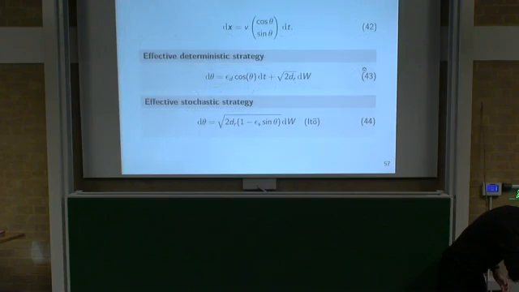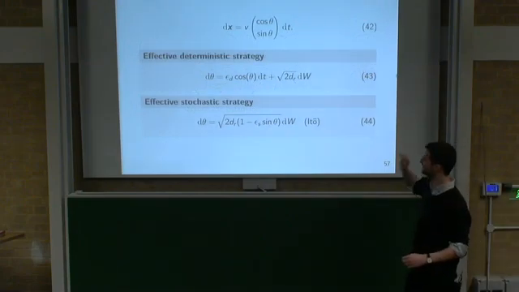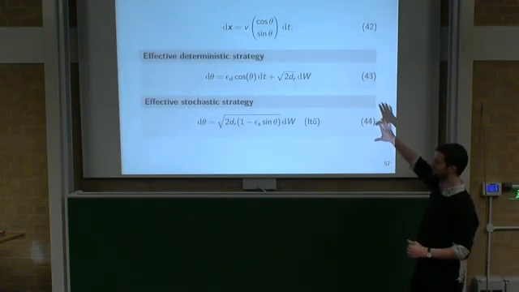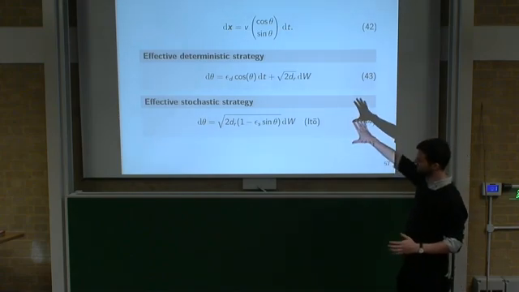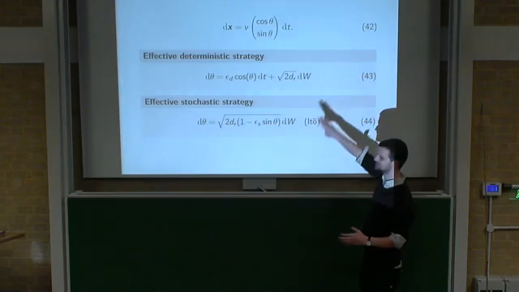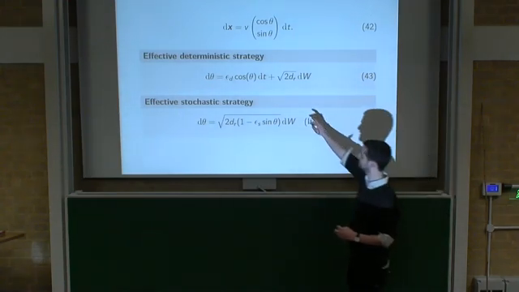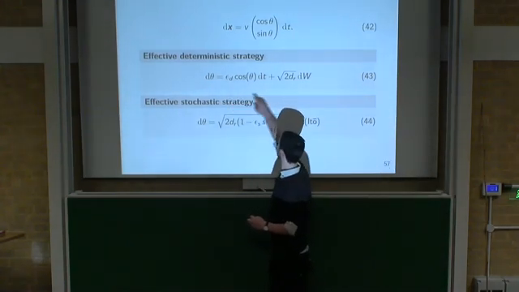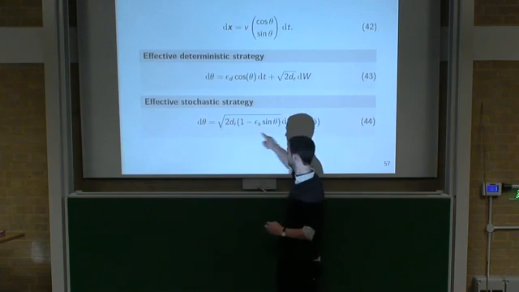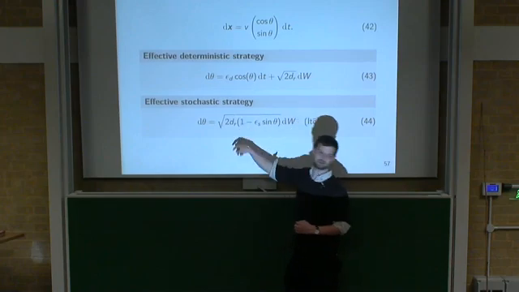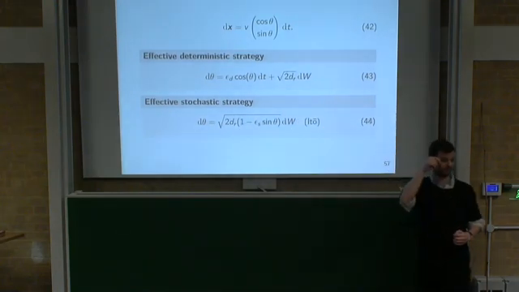So those are two very fundamentally different ways of swimming. From a mathematical point of view, these are very simple equations describing the two strategies. Here you have a deterministic change with some added noise, or you just have a noise term, but the size of that varies with which direction you're swimming in.